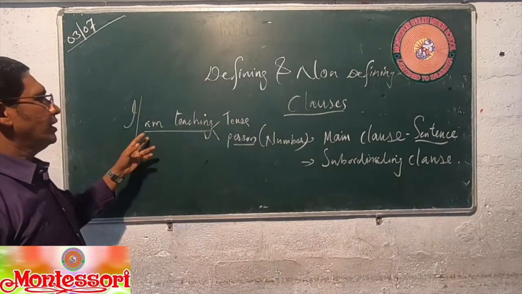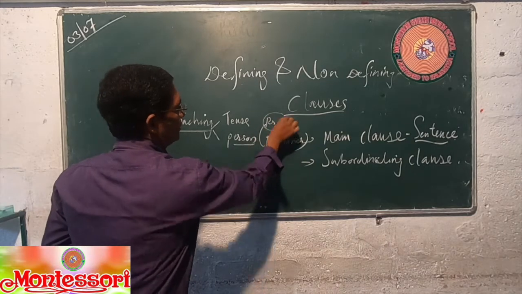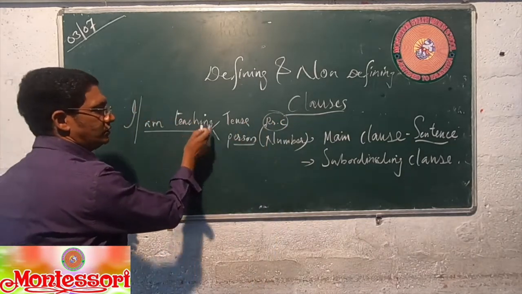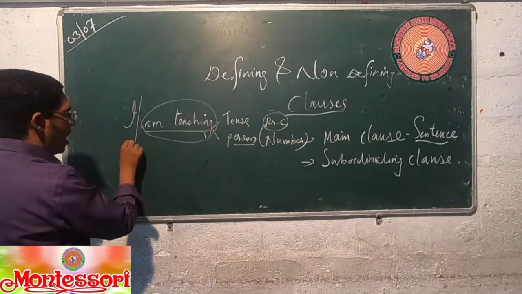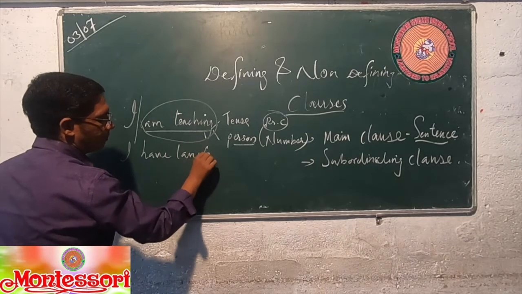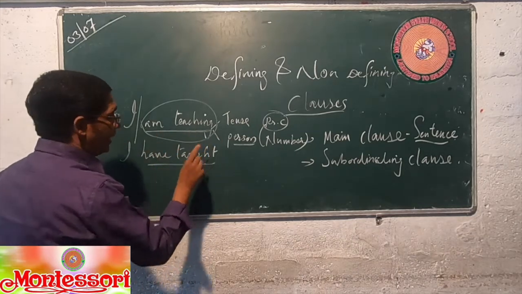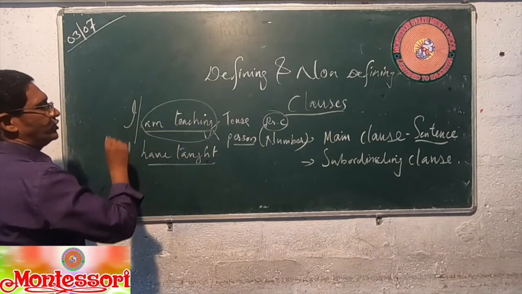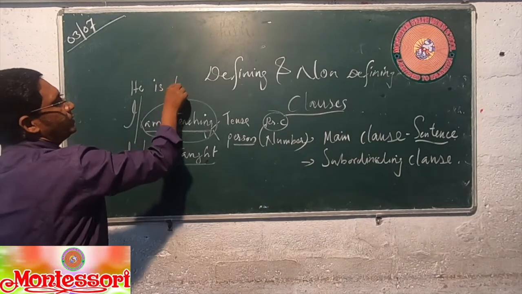For example, here I am teaching is in the present continuous tense. If I change this tense, this verb will be affected. For example, I have taught. So the verb changes according to the tense. Again, person: I am teaching. If you take third person singular, it becomes he is teaching.